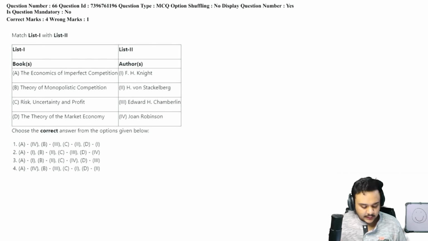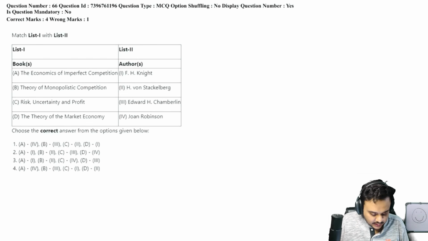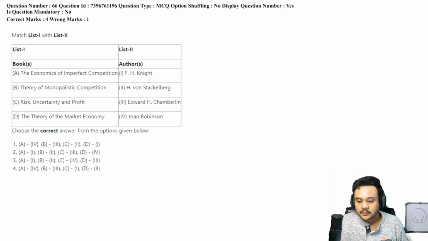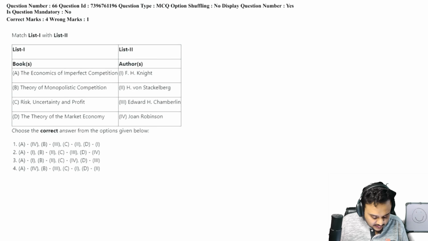Let us move on. Then the 66th question. You just have to match the books with the authors, the economists, or their famous works. First of all, in these types of questions, do the obvious ones, the easy ones. Stackelberg, do I even have to tell you? Part of oligopoly, right? So the option here is going to be the theory of market economy.